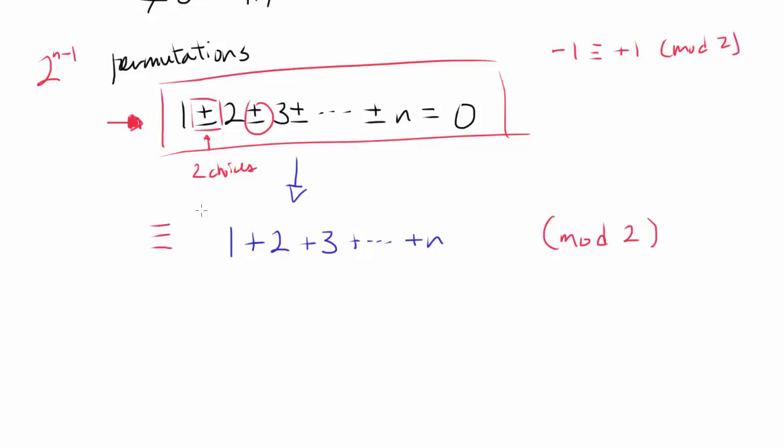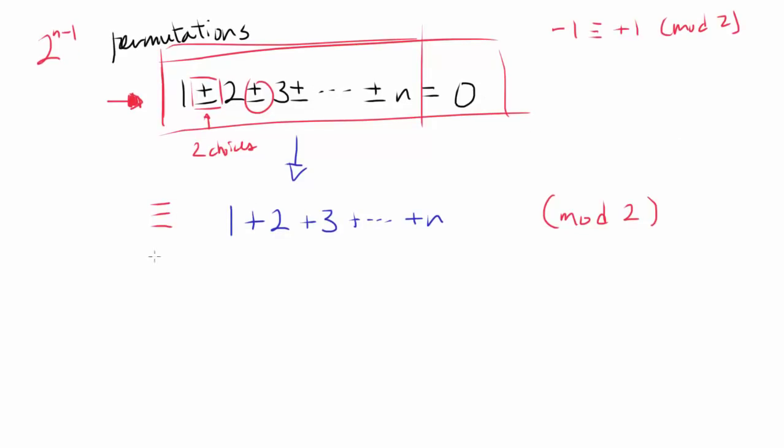So this part is congruent to 1 plus 2 plus 3 all the way to plus n in mod 2. And this thing is telling us we have this expression, which we can evaluate as n times n plus 1 over 2, being congruent to 0 mod 2 if the number n satisfies our assertion of this permutation.